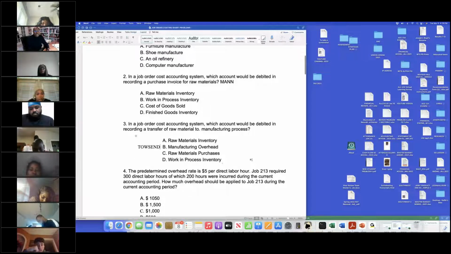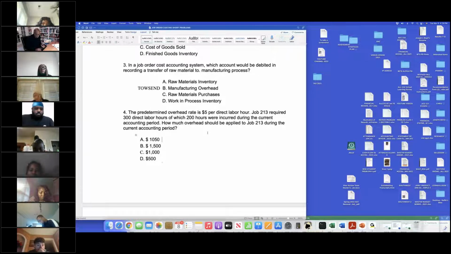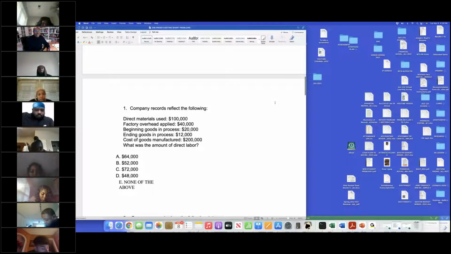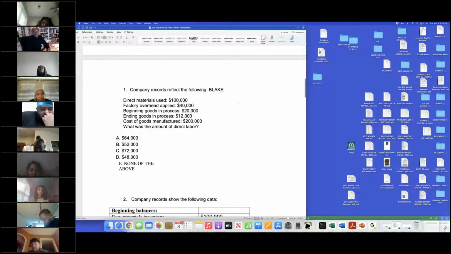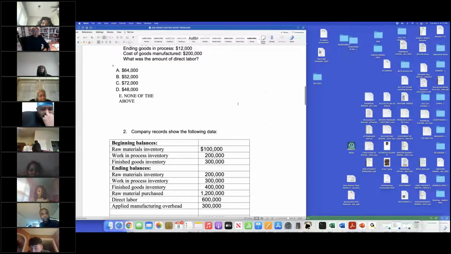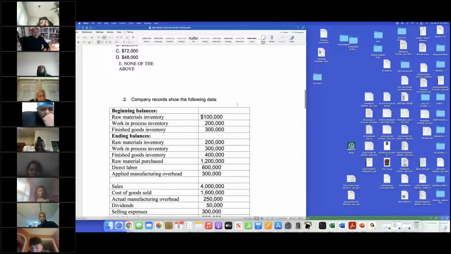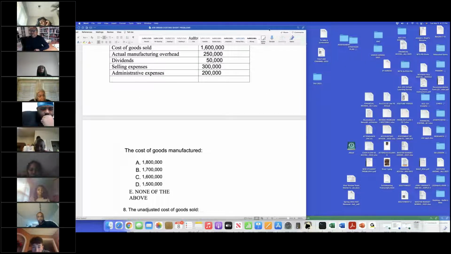Then we'll have Jacobs here. Things just jump all over the place. Blake here. And then we'll begin working these together. So everybody else can fill in on the others for now.